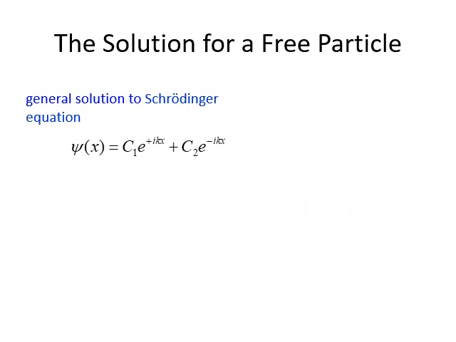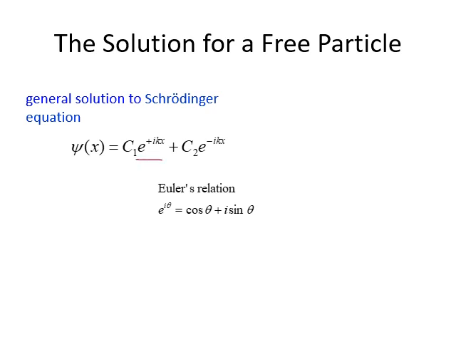So this is the general solution to the Schrödinger equation for the particle in a box model. We are now going to modify this equation using Euler's equation, which says e to the i theta equals cosine theta plus i sine theta.